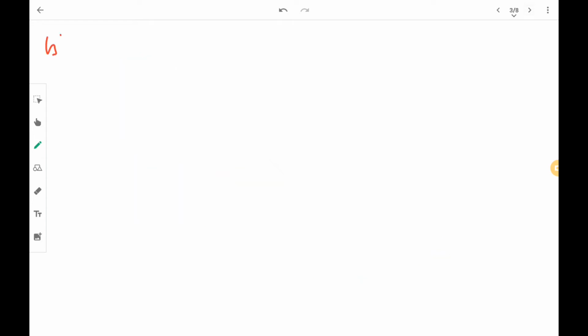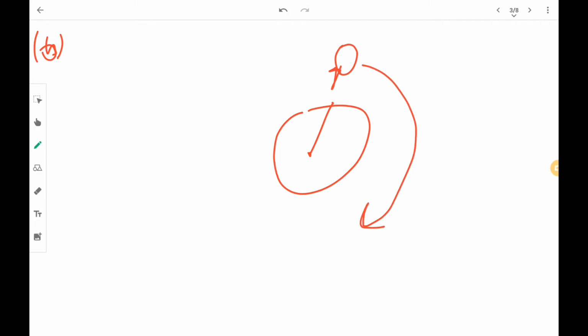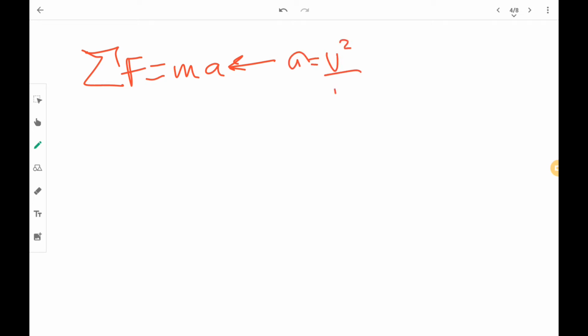So for part B, this person is rotating around the Earth, and they want you to find the linear speed. So we can use net F equals ma, and from chapter 9 in the University Physics book we know that a equals v squared over r, and this F from part A is equal to GM over r squared.